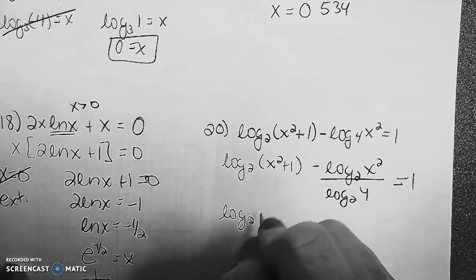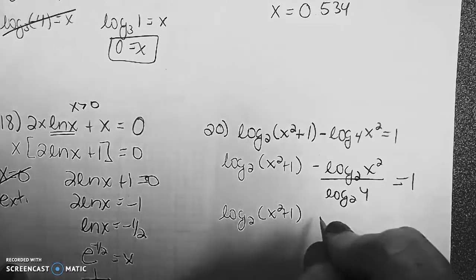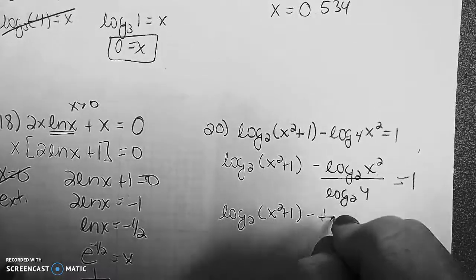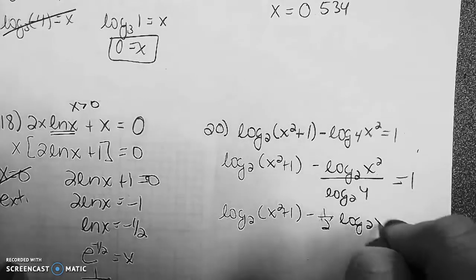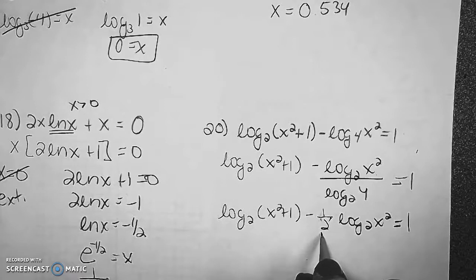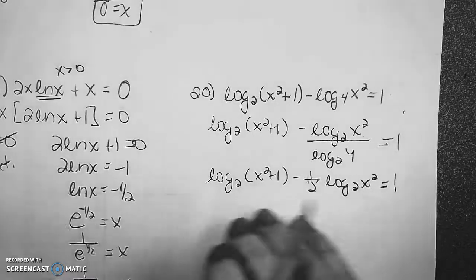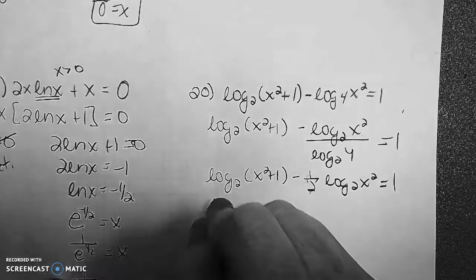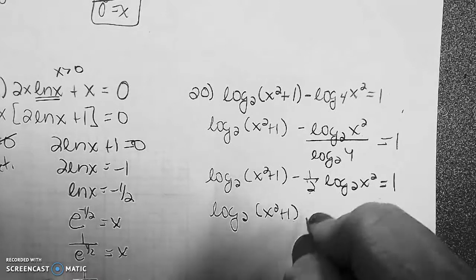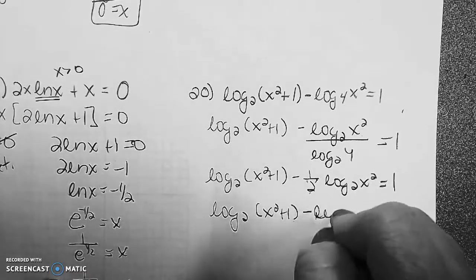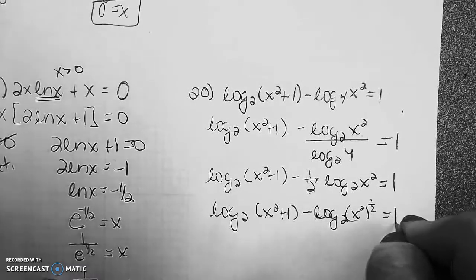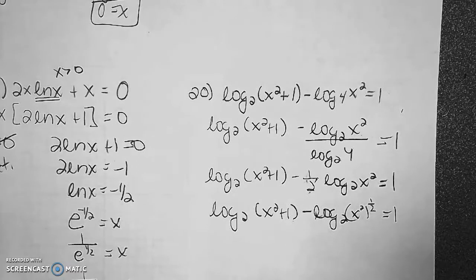So I have log base 2 of x squared plus 1 minus, let me write this as 1/2 out front, log base 2 of x squared. Well, let's use power property this time, and I can't get the log by itself quite yet or combine these. I've got to use this power property. So that means I have log base 2 of x squared plus 1 minus log base 2 of x squared to the 1/2 equals 1.